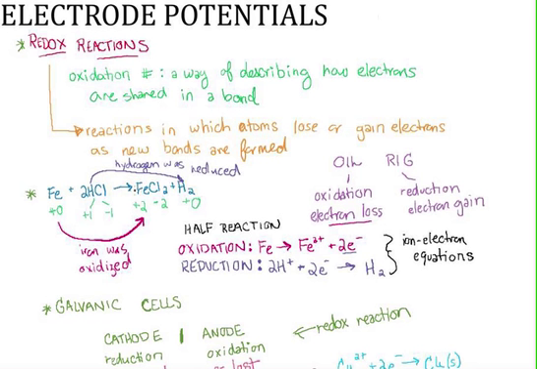So essentially when we talk about these, we're talking about the energy required to move electrons from metallic atoms, to remove electrons from metallic atoms.